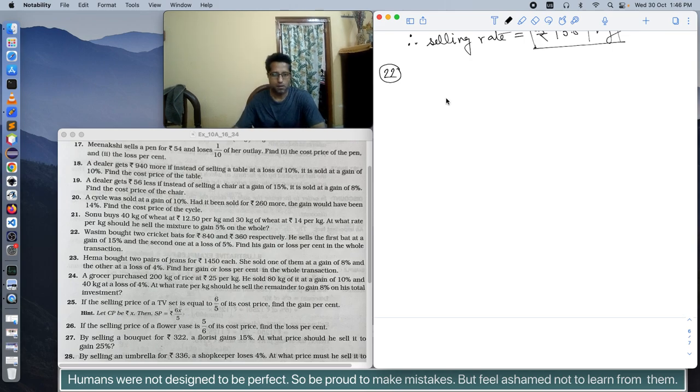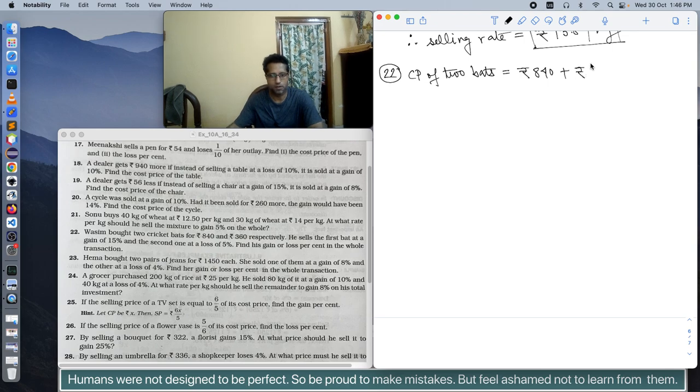So we have to find the gain or loss percent for the whole transaction. And the whole transaction means the purchase of the 2 bats and the selling of the 2 bats. So we can say that CP of 2 bats is equal to rupees 840 for the first bat and rupees 360 for the second bat.